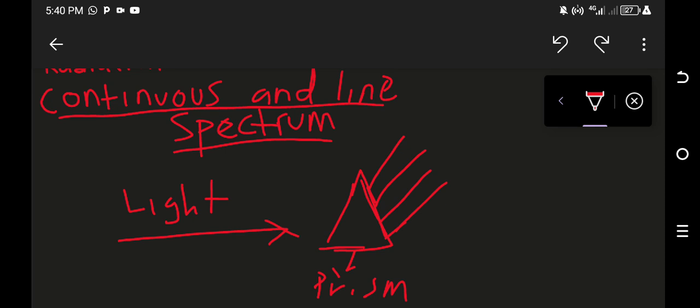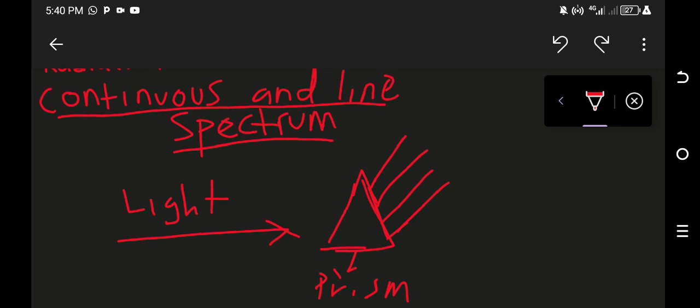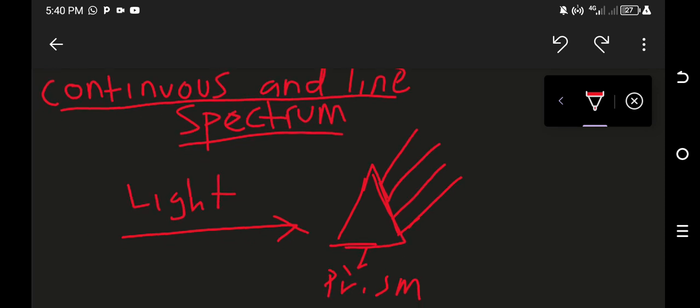Why does light split when it passes through a prism? Do you remember that light contains different colors? Light is a mixture of different colors, and these colors have different wavelengths. Each wavelength bends differently when it passes through the prism. That's why they bend at different angles.